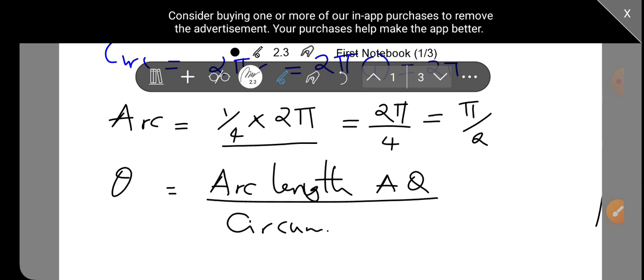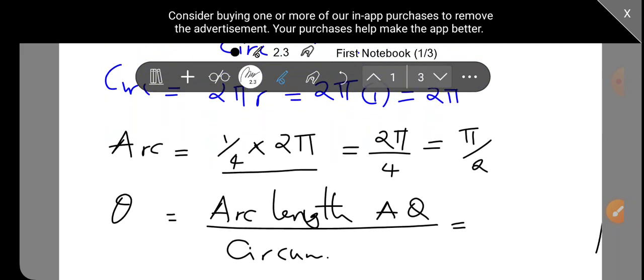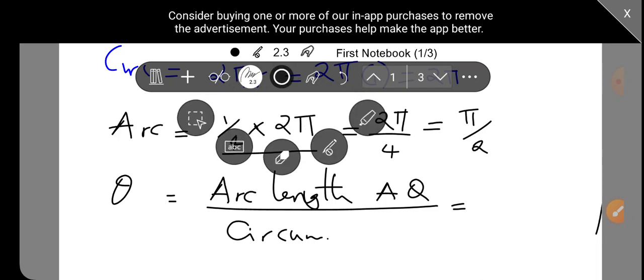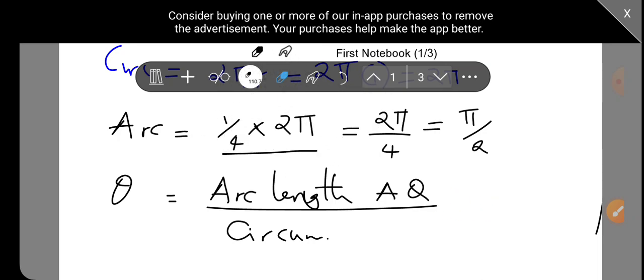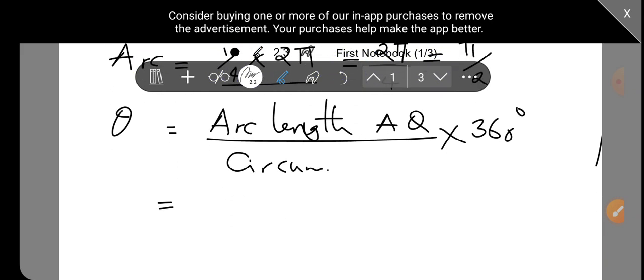Okay, so what's my arc length? I've found it, but then here we said you need to multiply by what? By 360, so that you should be able to get the angle for that one. Times 360.